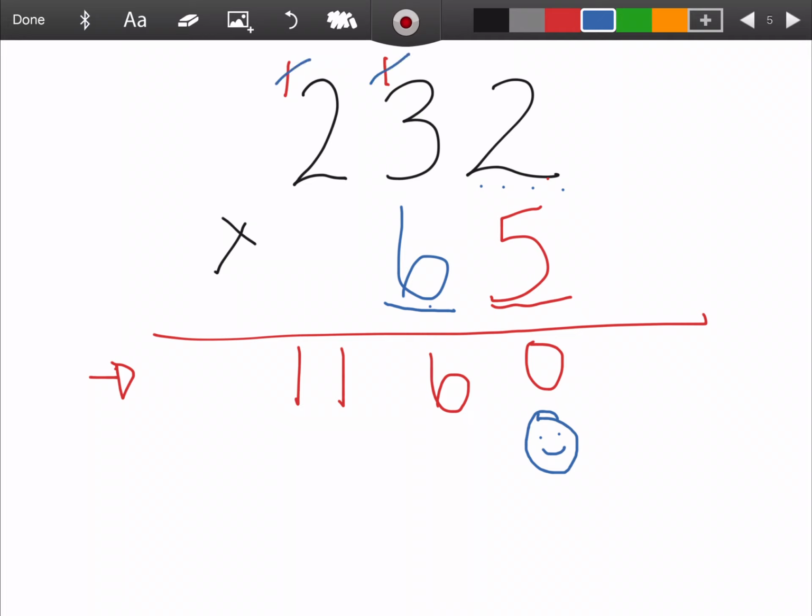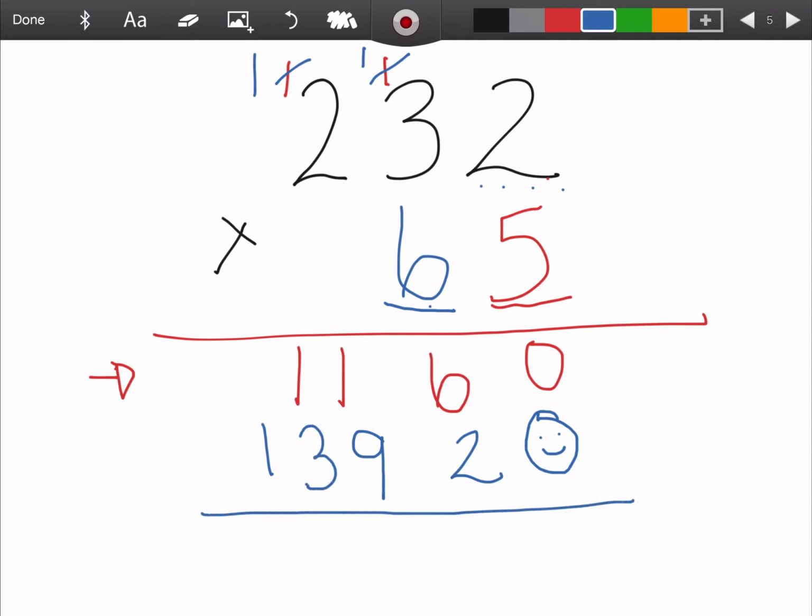6 times 2 is 12, and I'll carry the 1 over. And then I look at the next place, which is the tens place, and I say 6 times 3 is 18, plus that extra 1 is 19. So I put down the 9, and I bring up the 1, and then I look one more time, and I say 6 times 2 is 12, plus an extra 1 is 13.